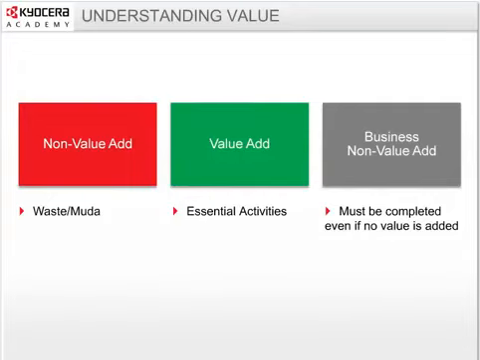Finally, there are some activities that fall somewhere in the middle, and we call these business non-value-add activities. These tasks must be completed, even if they are not traditionally defined as value-add. An example of a business non-value-add activity would be tasks required to meet regulatory or legal requirements. These actions are not defined as adding value to a process from the customer's point of view, but they cannot be avoided or eliminated.